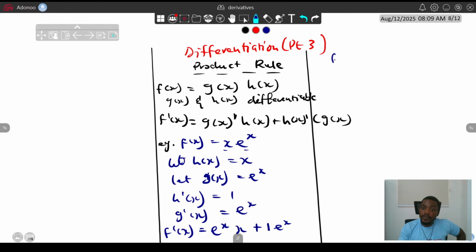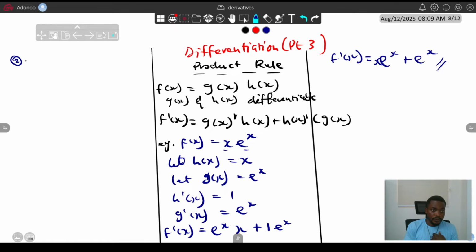Therefore, f prime of x is equal to x e raised to the power x plus e raised to the power x. Good.